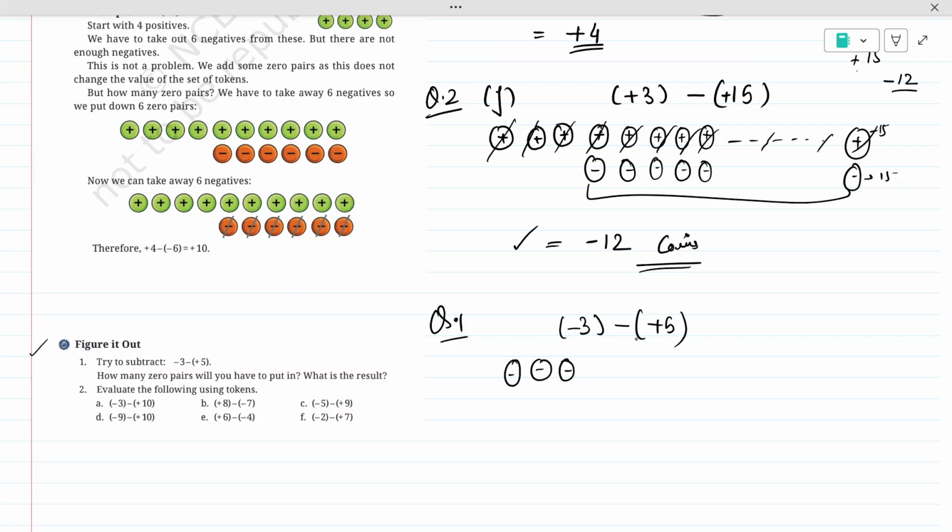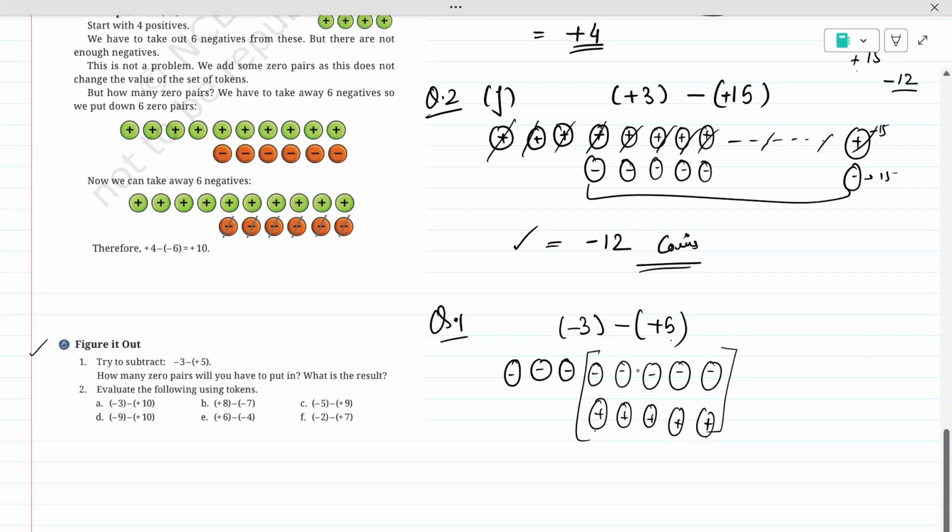We will have to add 5 plus coins and 5 minus coins. We have to subtract the 5 plus coins, so I have to add plus 5 coins because currently we don't have any. So that means we have added the 5 zero pairs.